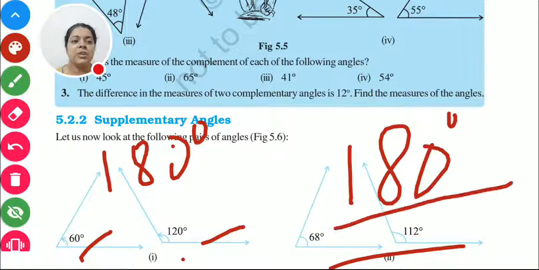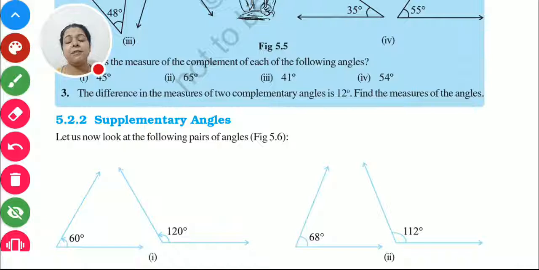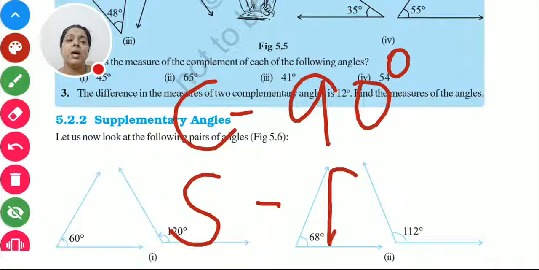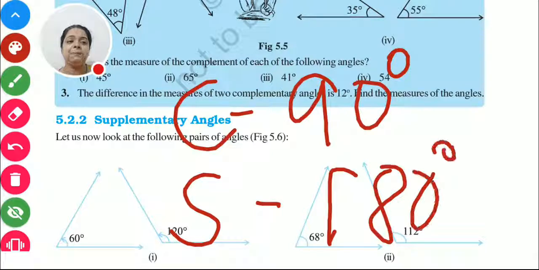So never get confused between supplementary and complementary angles. Complementary means the sum total should be 90 degree, and supplementary means the sum total should be 180 degree.